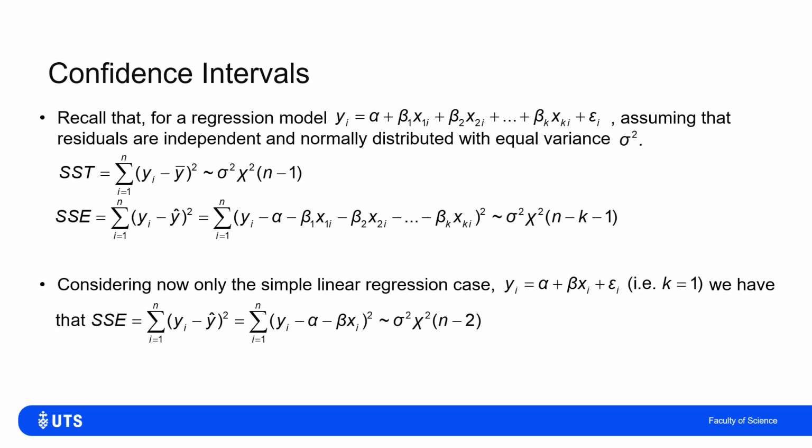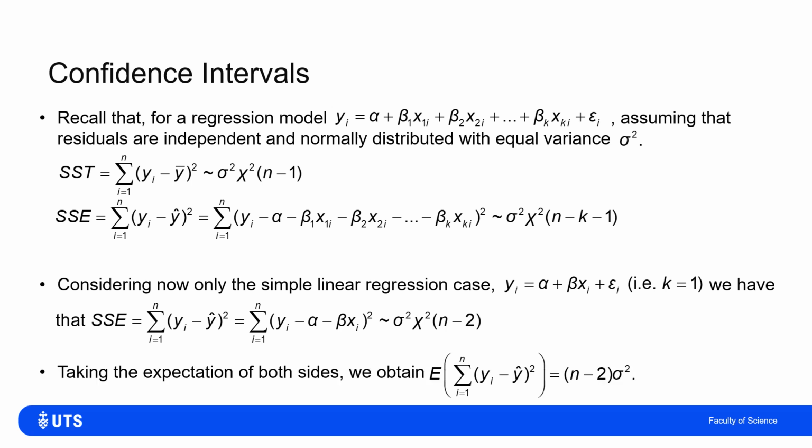So what this does mean is that if I just think of the simple case where I only have one slope, the simple linear regression model, then in fact the SSE, the sum of squared errors around the model, should be chi-squared or proportional to chi-squared with n minus 2 degrees of freedom. So I take the expectation of this. The expectation of a chi-squared is its own degrees of freedom.